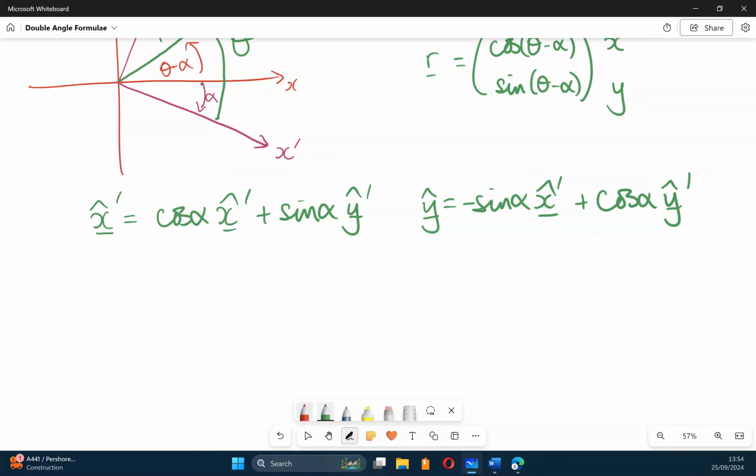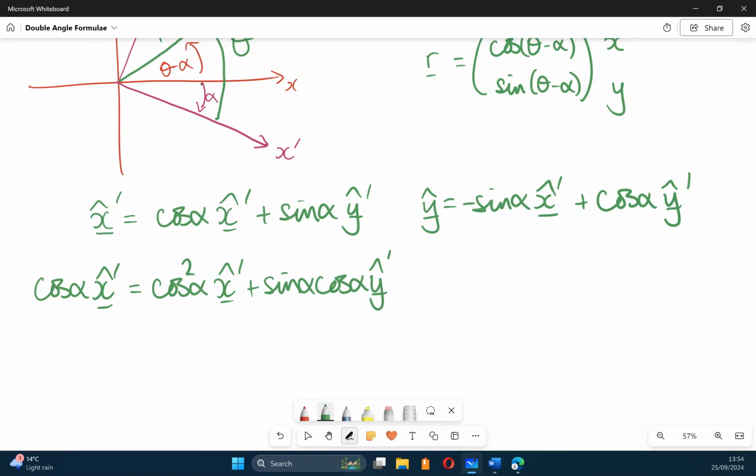So what are we going to do here? We're going to multiply the x prime hat term by cosine alpha. And then this is going to give us cosine squared alpha x prime hat plus sine alpha cosine alpha y prime hat. And then we're going to multiply the y hat term by sine of alpha.